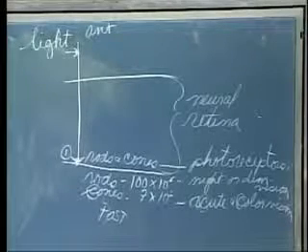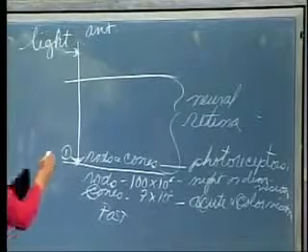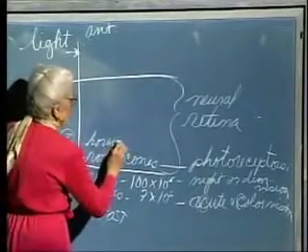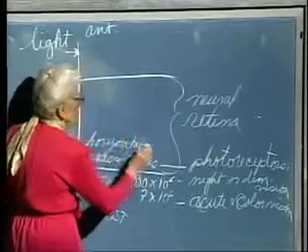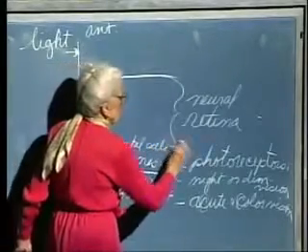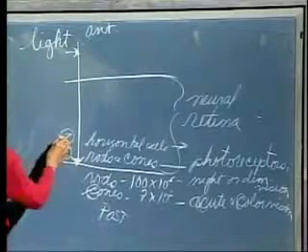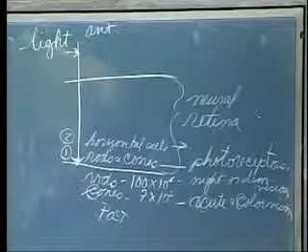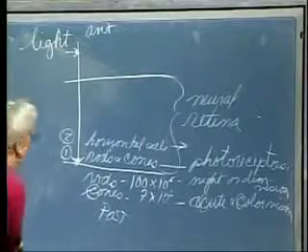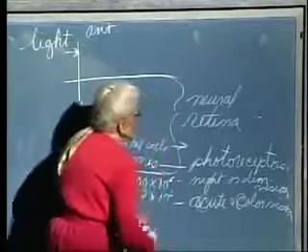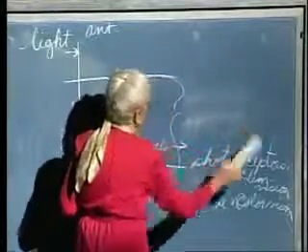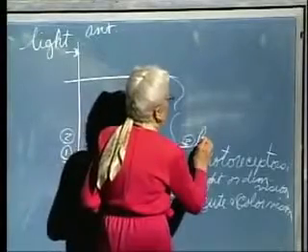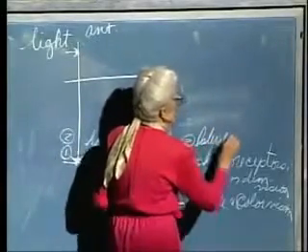Now the next layer of cells will be the horizontal cells. And what are horizontal cells doing for you? Lateral integration. So I have to make room here. Horizontal cells, lateral integration.